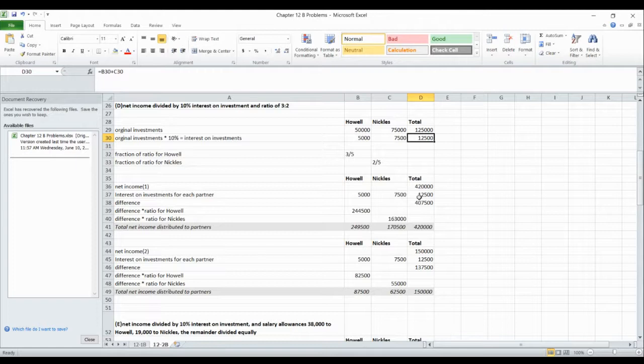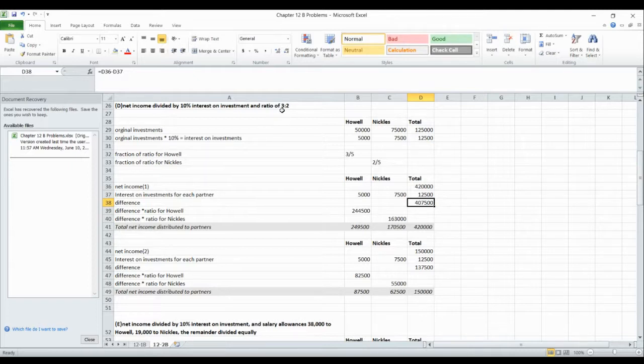What you have to do is find the remaining net income, which is also called the difference. To get the remaining net income, I took the net income of 420,000 and subtracted my interest allowances of 12,500. That leaves me with a difference of 407,500. That difference has to be multiplied by the ratio for Hal.